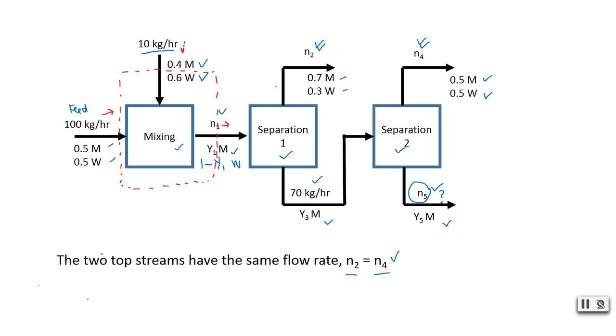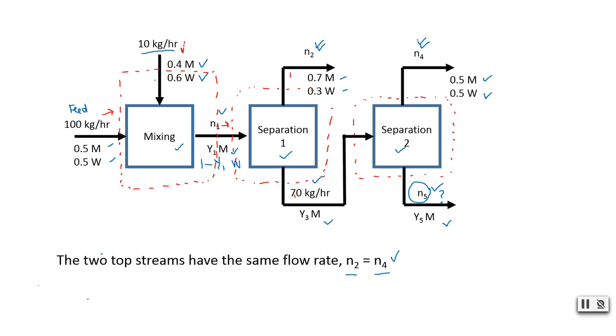Then we have another boundary for separator one, where we see what goes in and what goes out, and the same for separator 2. So these three processes need to be performed with DOF.